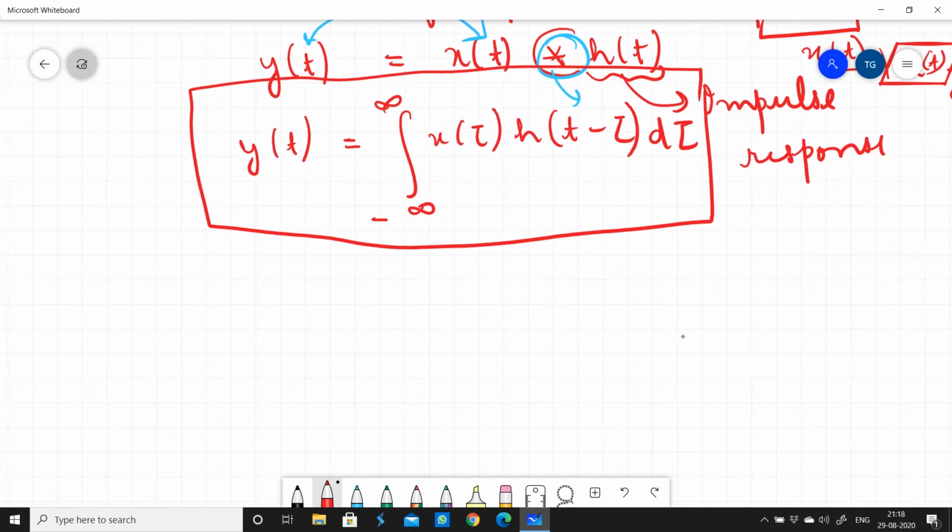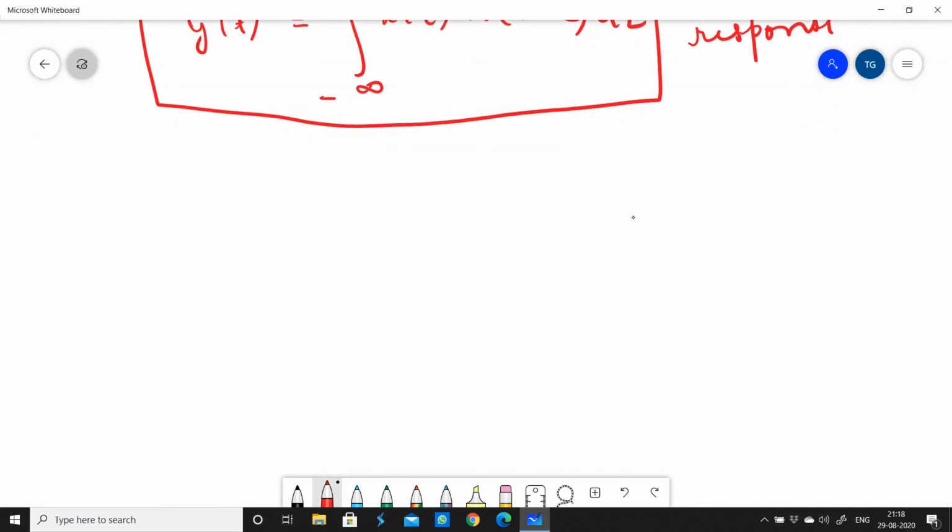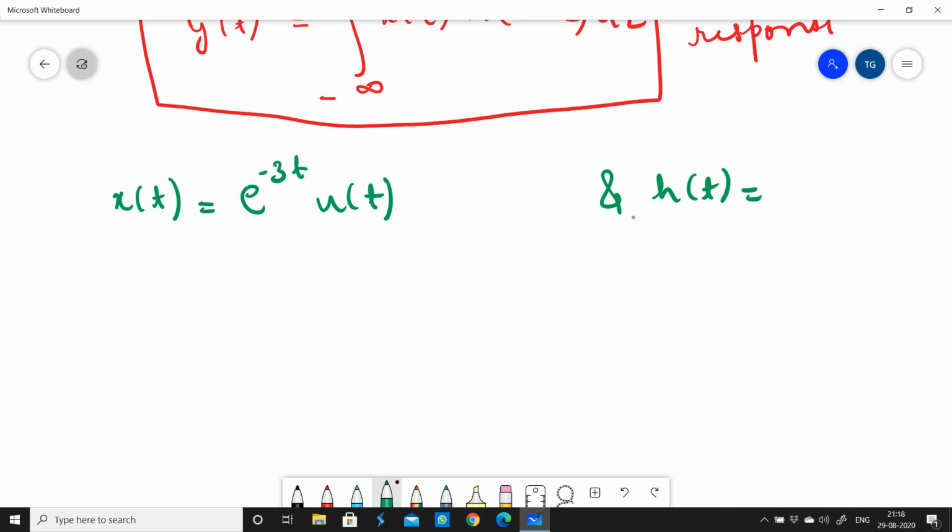So here in this problem we are given x of t as e to the power minus 3t u of t, and h of t is given as u of 3t plus 3. So first we are told to find out by graphical method.